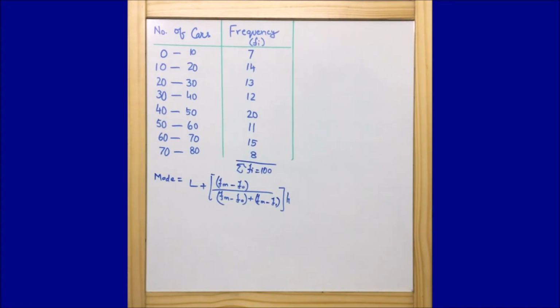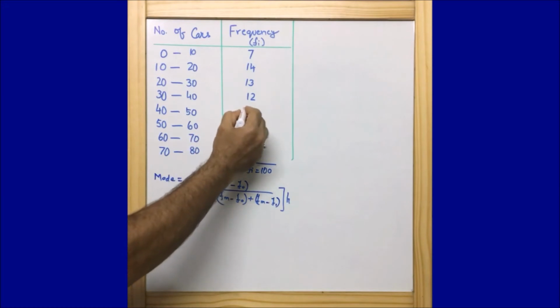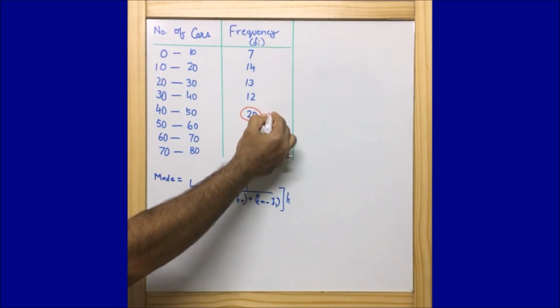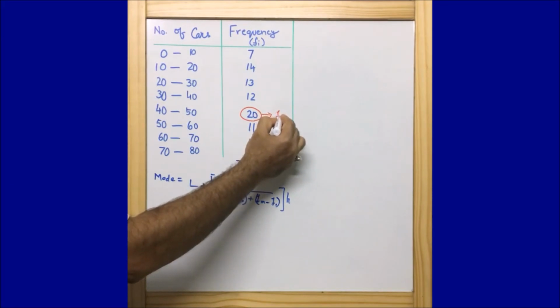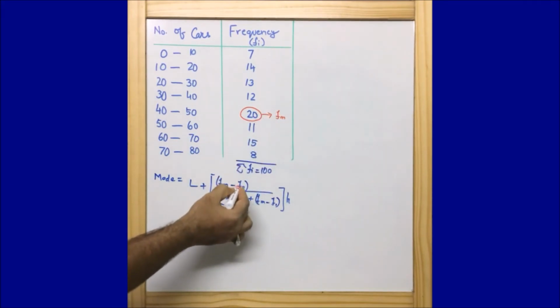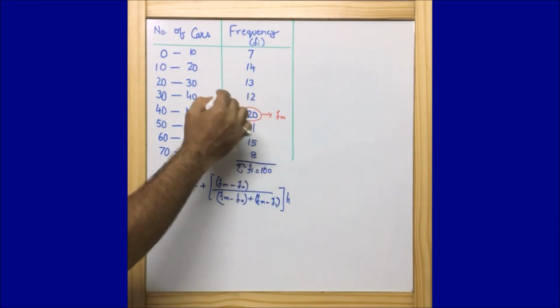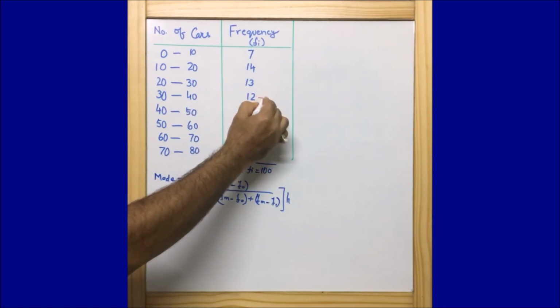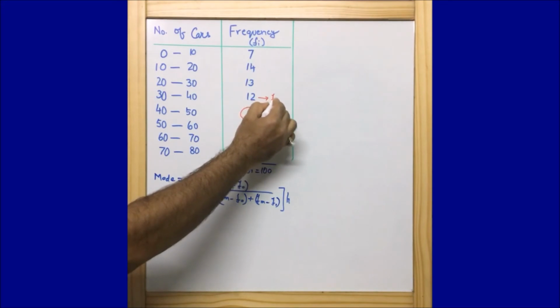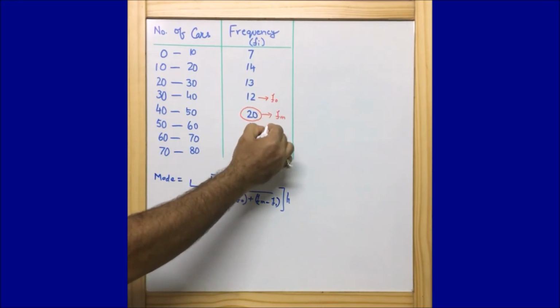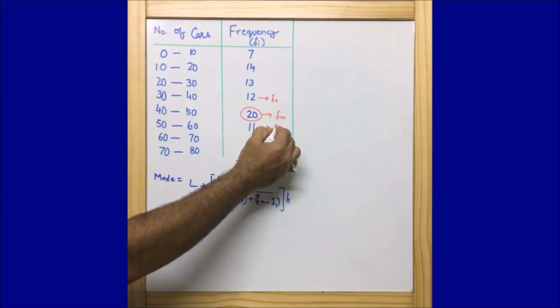That means the frequency here is more, 20 times. So we will consider this 20 as the modal frequency, and denote it as Fm. Now what is F0? F0 is the value preceding the modal frequency, and similarly the value succeeding the modal frequency we call F1.